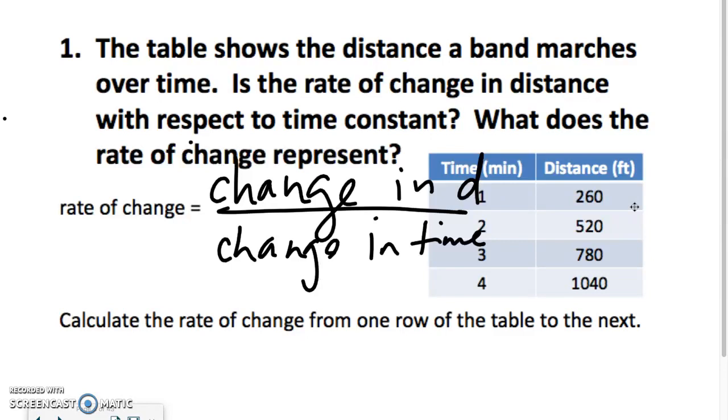What's the increase from 260 to 520 and then to 780? As time passes, they're covering an extra 260 feet every time, right?